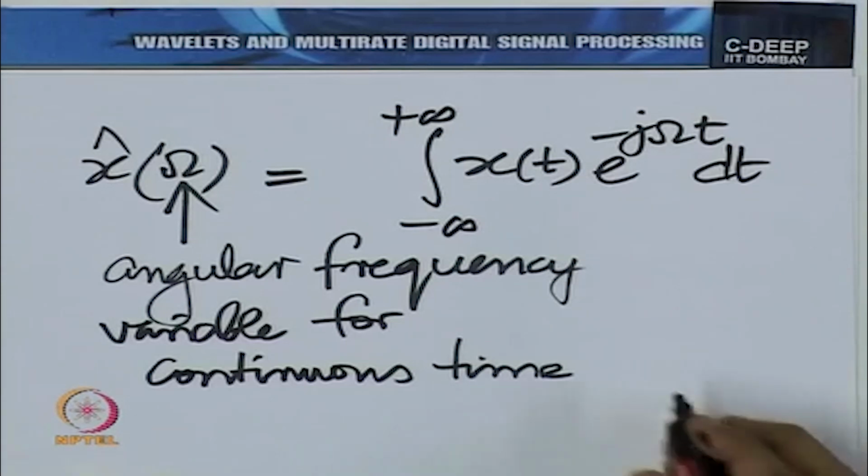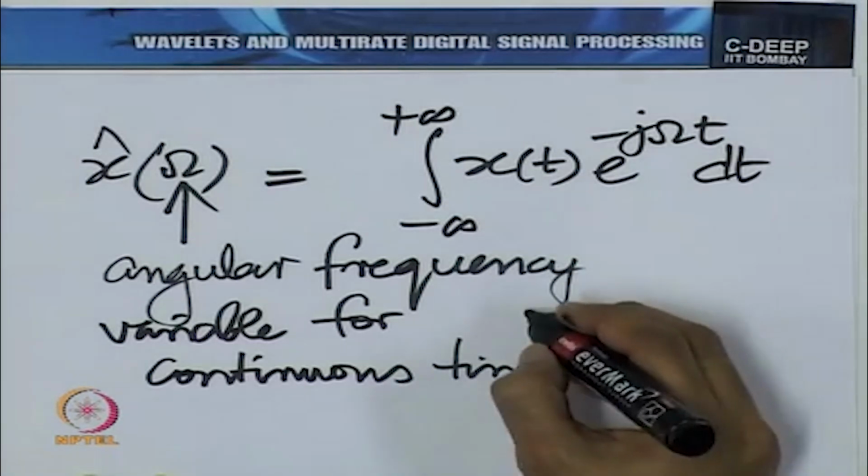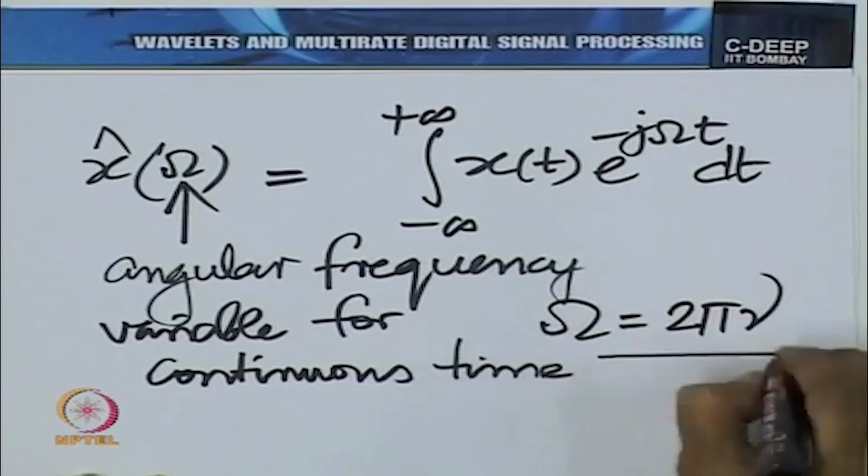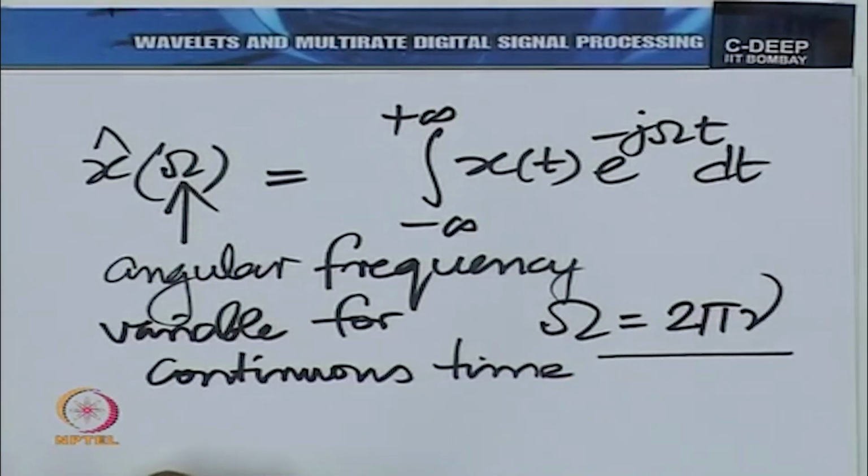And there is a simple relation between capital omega and nu: omega is 2 pi nu, angular frequency and Hertz frequency. Well, simple things, but we should put down all our cards in the beginning, so we do not get confused later.